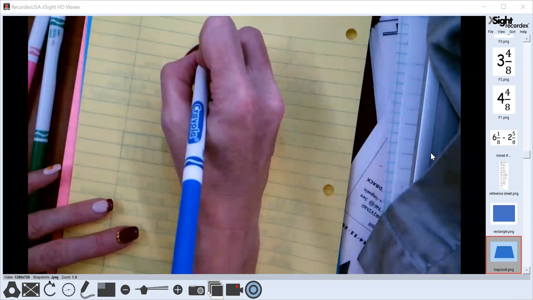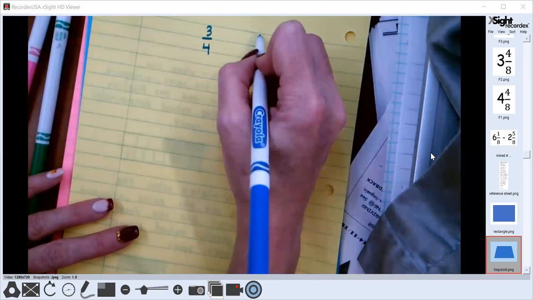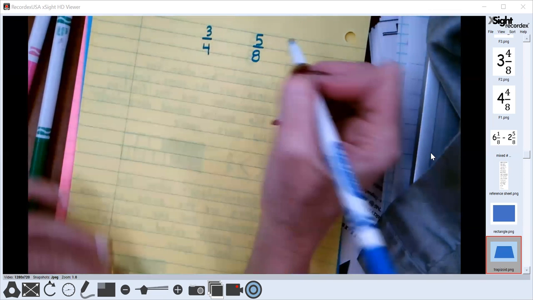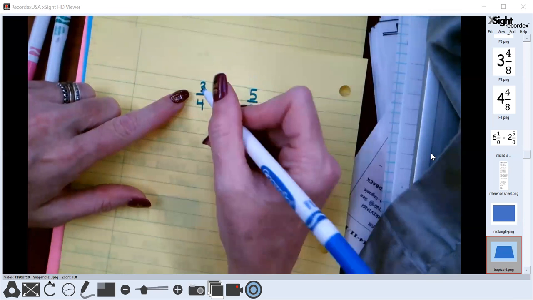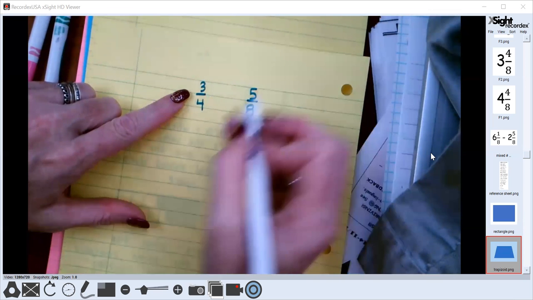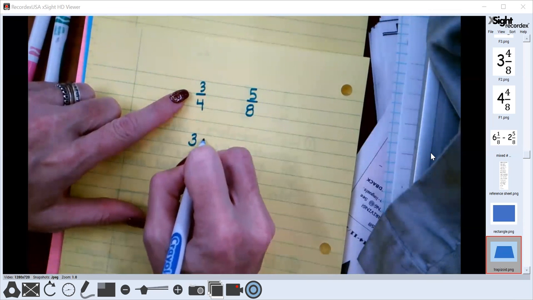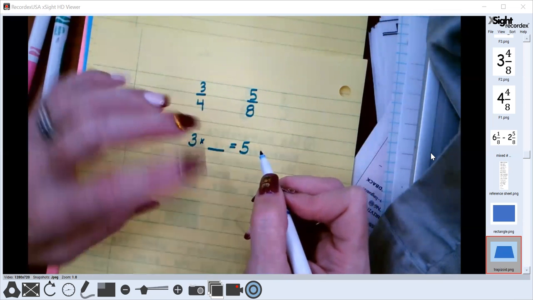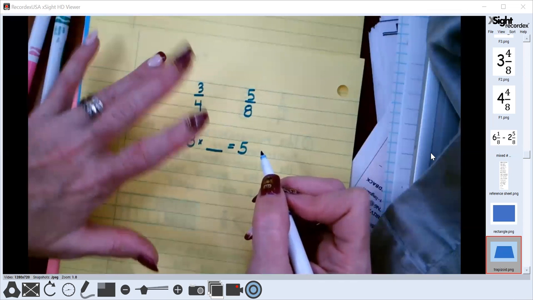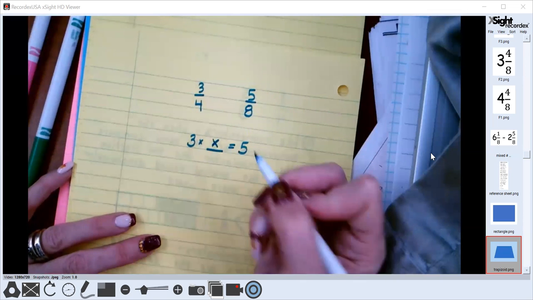So I'm looking at 3/4 and I have 5/8. And you always think, what can I multiply times my smaller numerator to get my greater numerator? So is there anything that I can multiply times 3 to make 5? So if I count by threes, 1, 2, 3, 4, 5, 6, there's nothing that I can multiply times 3 to make 5.